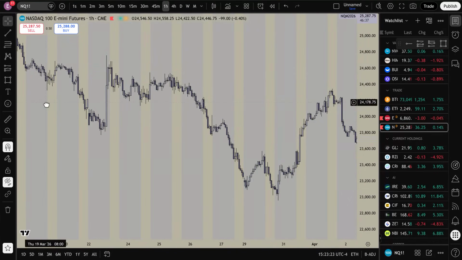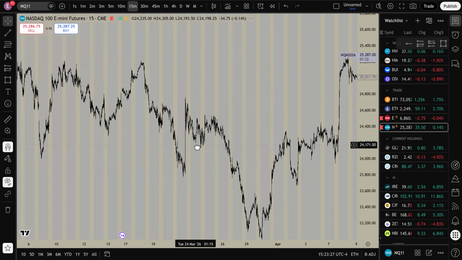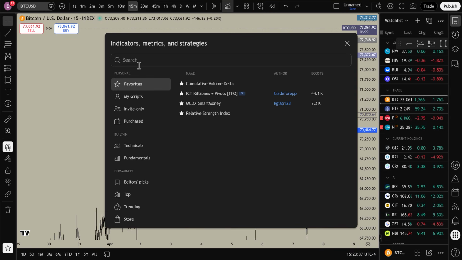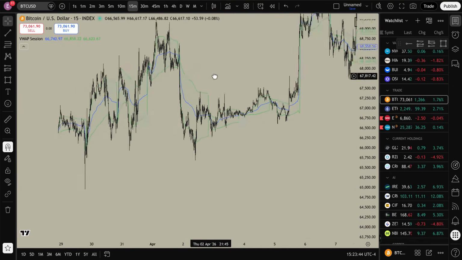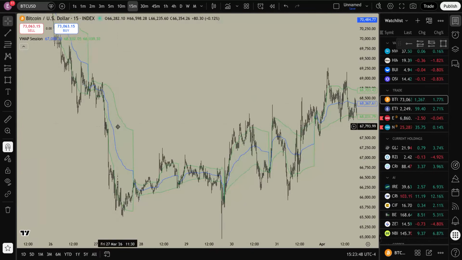I'm not really sure, but let's just take an example of it on Bitcoin. Again, if you want to see a bearish, let's see. Okay, yeah, here's a great example.